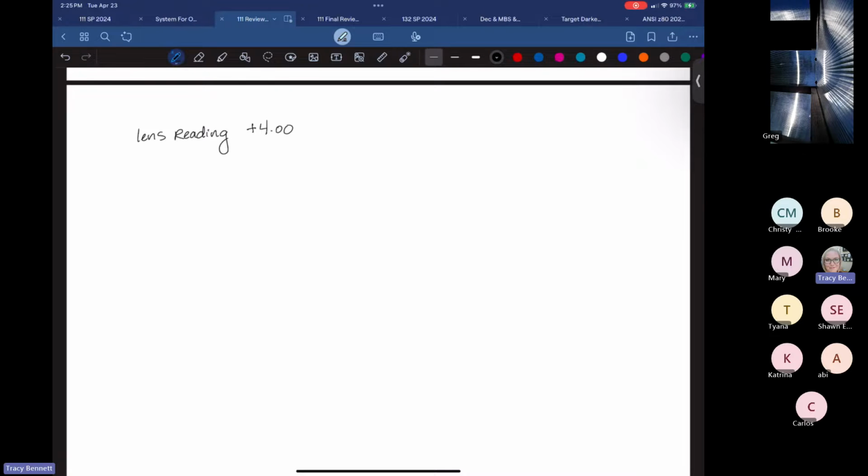If the lens clock reads +4, then you might be asked what the refractive power of that surface is. And remember, the refractive power has to do with the index of refraction. Jeopardy quiz, does anybody remember the index of the material that the lens clocks are calibrated to?